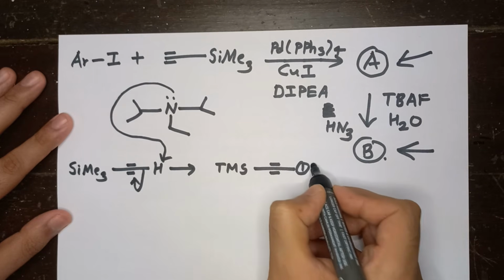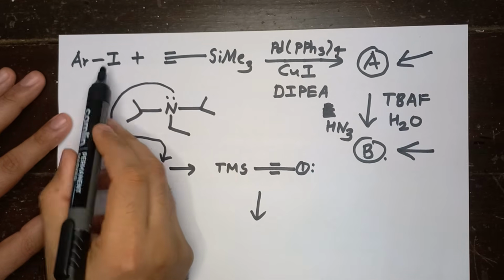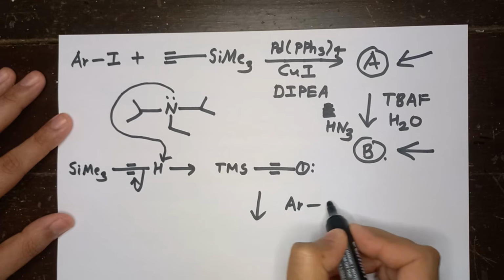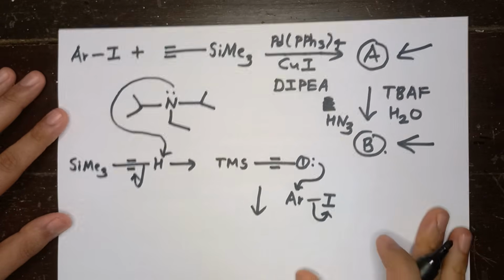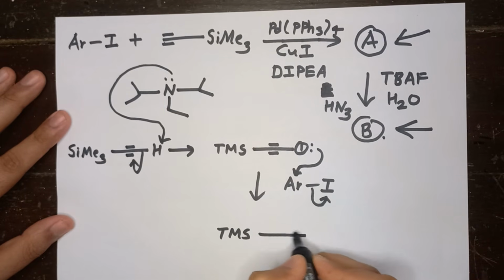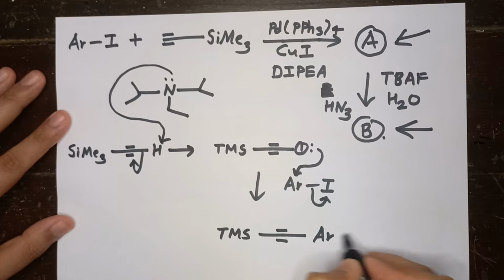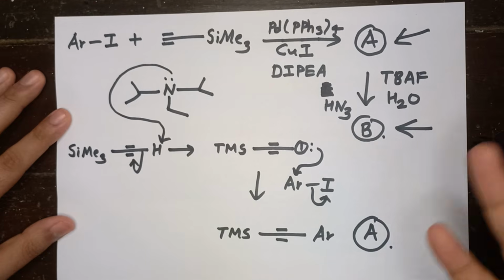So we have a carbanion and we have this Ar-I group. So this will attack at this Ar group, iodine is going to leave and you have done a substitution. And this is the product for the A reaction, I mean the product we are looking for, A.